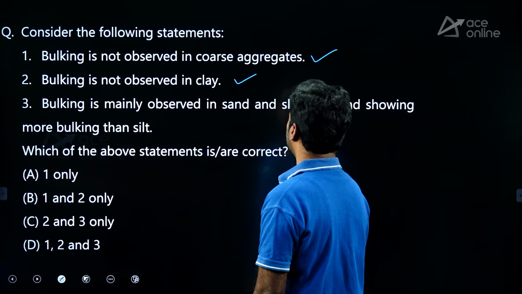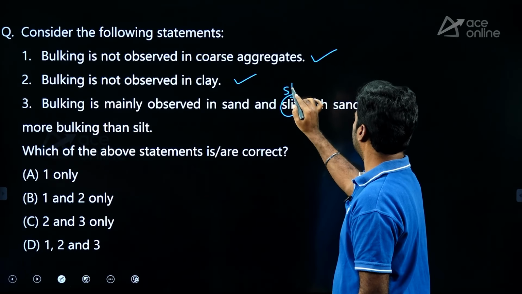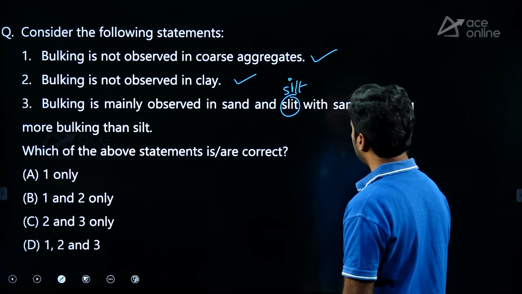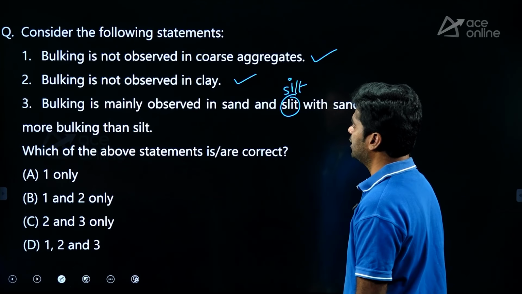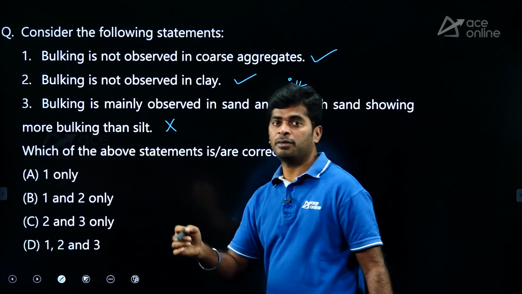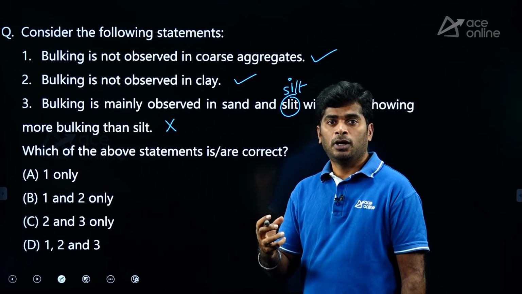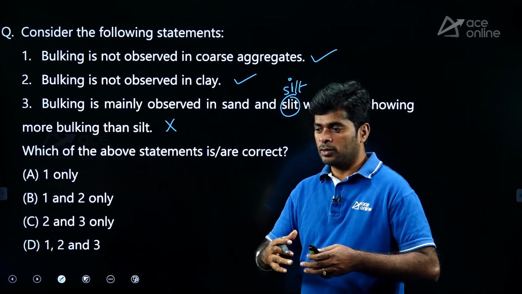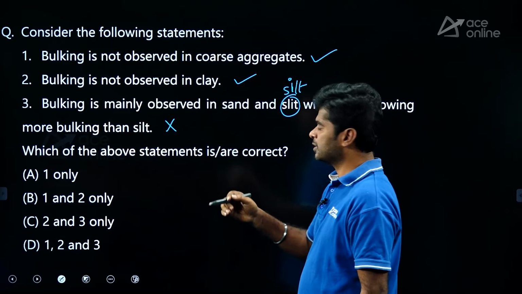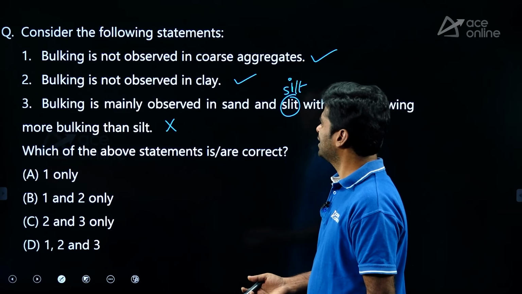Bulking is mainly observed in sand and silt, with sand showing more bulking than silt. No, it is false. Silt is a finer material than sand, so silt is going to bulk more, that is called more change in volume, because particle size is smaller, so surface tension is more. So, statement 3 is false.